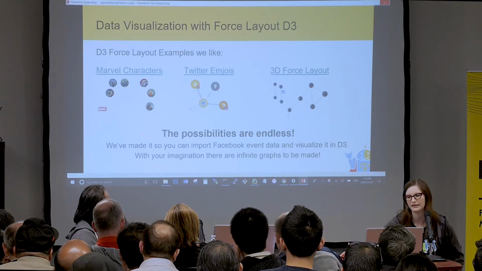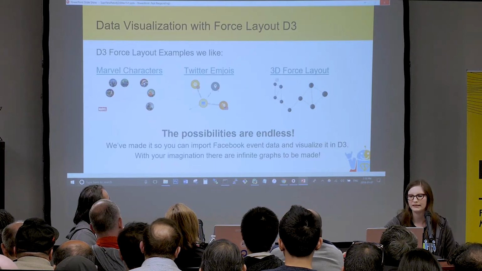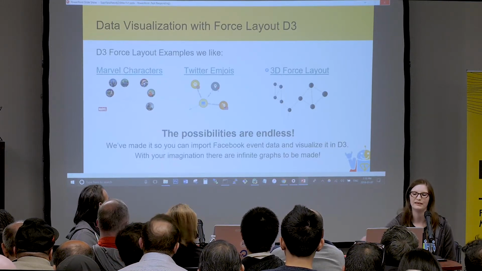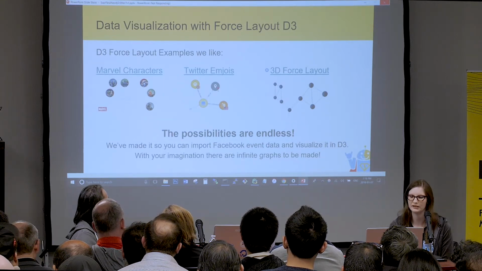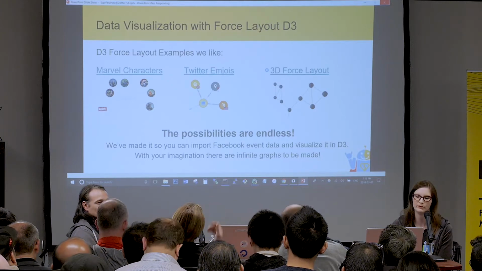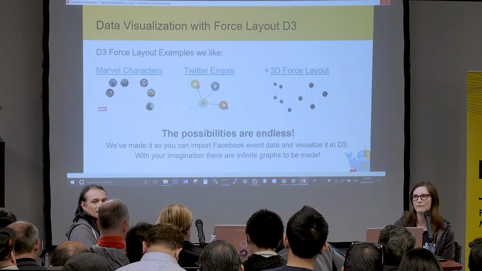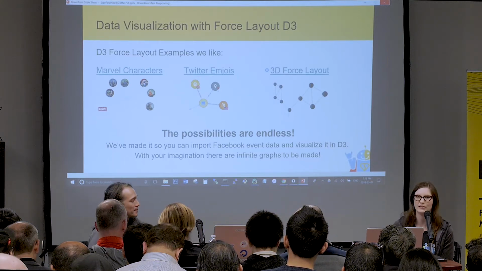Well, as I say, we're going to be providing the slides, and the links are in there, so you can look for yourself. There are so many possibilities of what you can do with D3, so we've helped you with the pipeline of getting the data from Facebook into Python, into Neo4j, and then out through D3. And then you could take that and make any kind of visualization you want out of it, really.